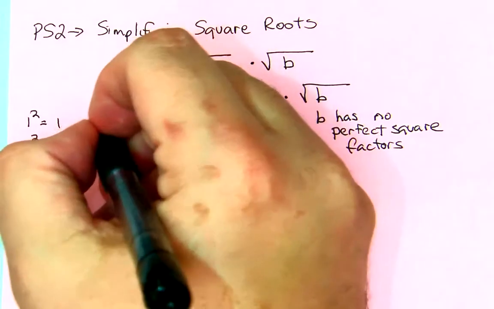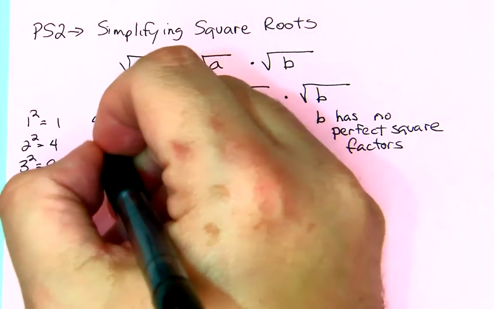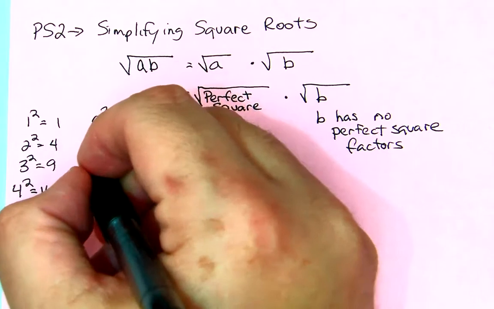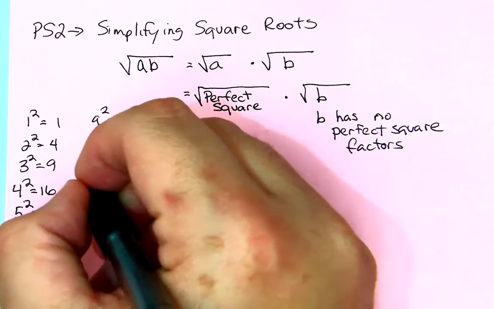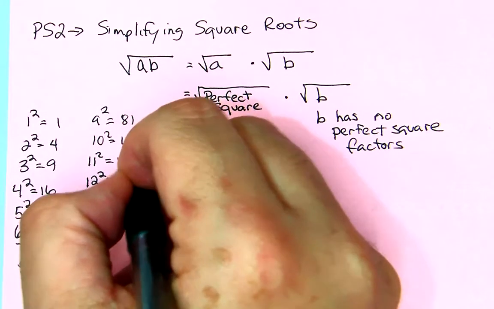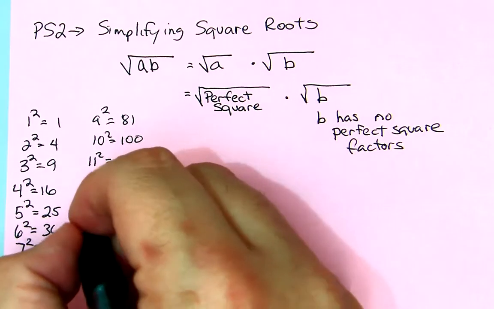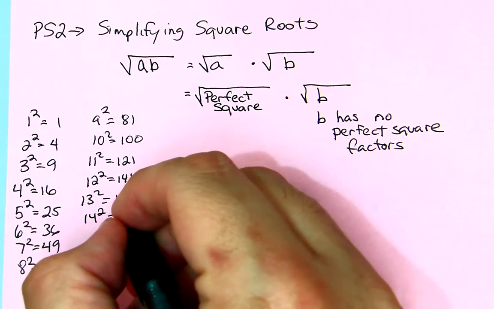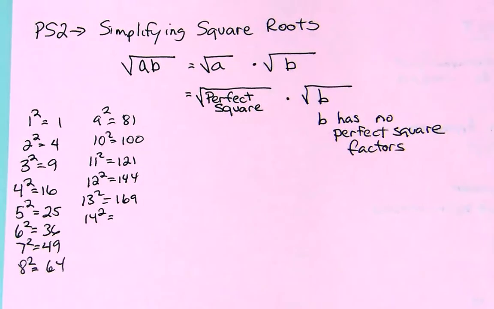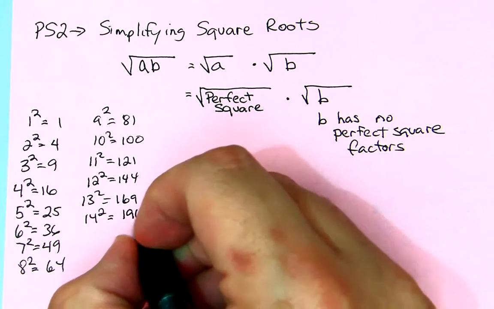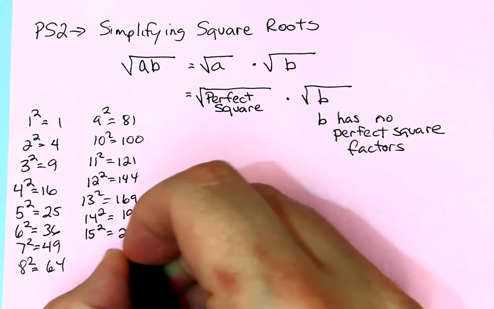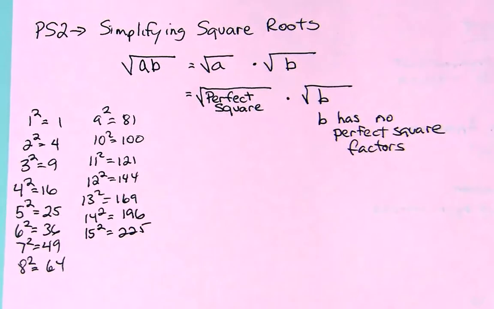We need to know 9 squared is equal to 81, 10 squared is equal to 100, 11 squared is equal to 121, 12 squared, 144, 13 squared, 169, 14 squared is 196, 15 squared is 225, and then you can kind of go from there.